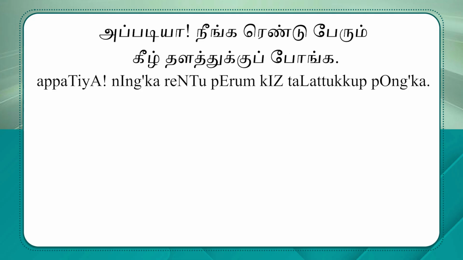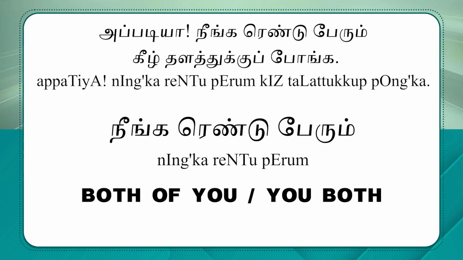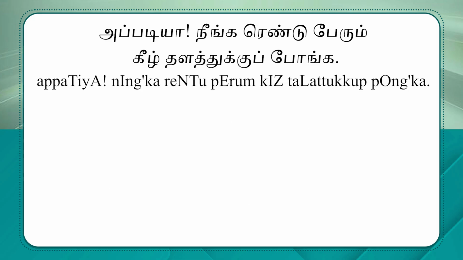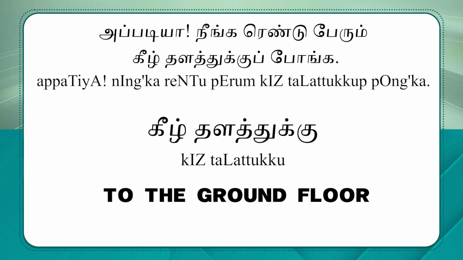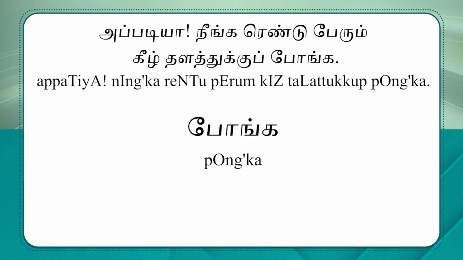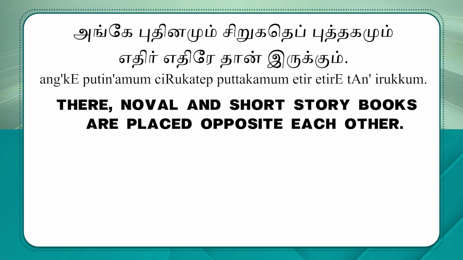As I already told you, நீங்க ரெண்டு பேரும், it means both of you or you both. In this context, கீழ்த்தளத்துக்கு which means to the ground floor in English. போங்க, that means go respectfully. The second sentence is, அங்கே புதினமும் சிறுகதை புத்தகமும் எதிரெதிரே தான் இருக்கும். Translates to, there novel and short story books are placed opposite each other.